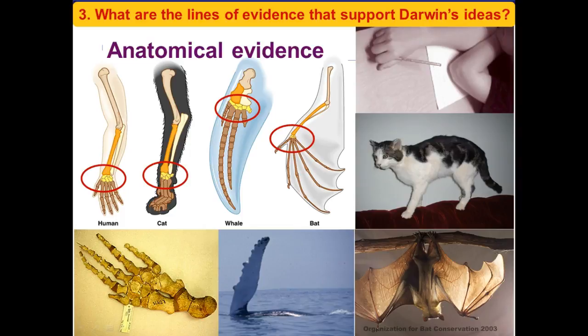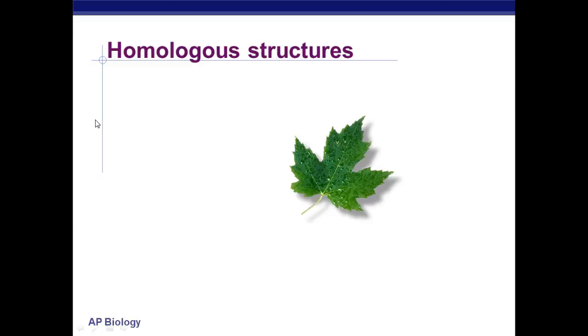If you look at the pictures here, you'll see that they all have one upper arm bone, they have two lower arm bones, and they have the same collection of wrist bones. In some cases, they are a different shape, and they can be different size and different length. And again, the entire limb is used for a different purpose, but it's all built from the same anatomical parts. We call those homologous structures.